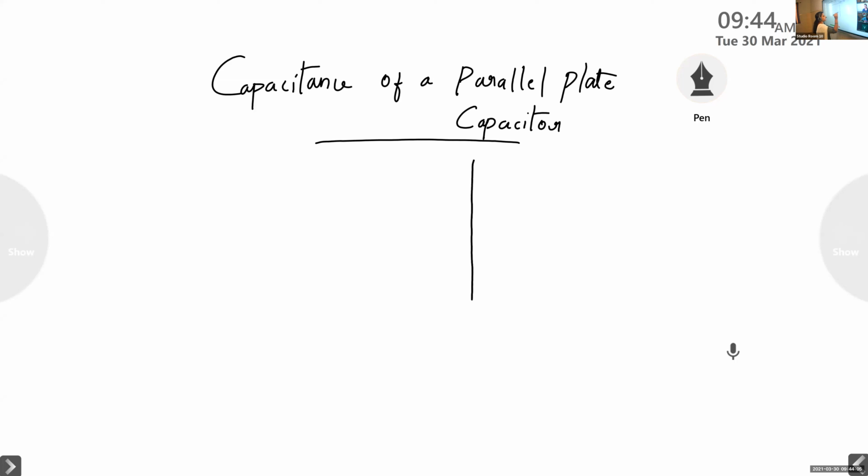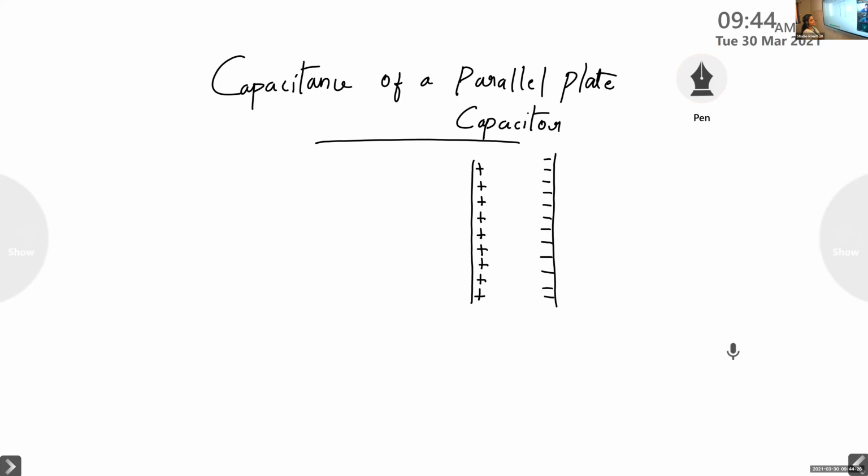Capacitor means consisting of two conductors. One is a positively charged conductor and the other is a negatively charged conductor.